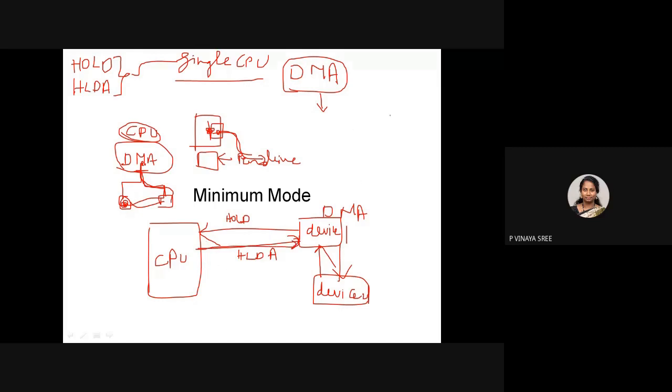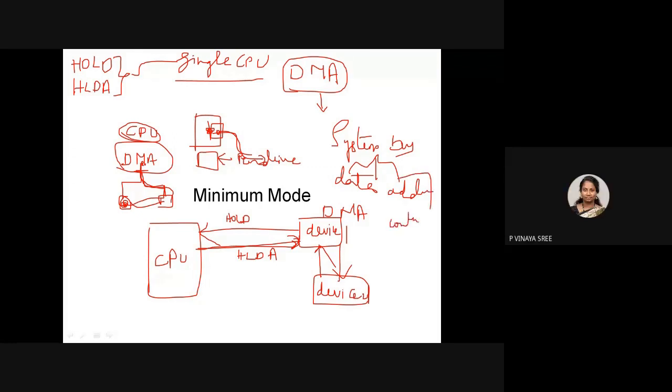What does system bus mean? You know, right? What are the three types of system buses we have? Data bus, address bus, and the next one is control bus.